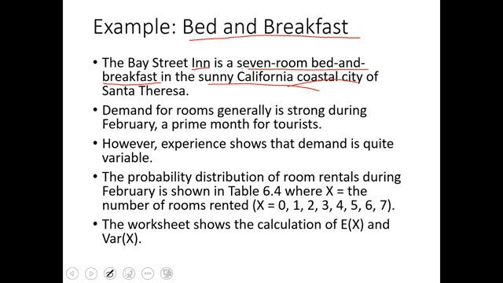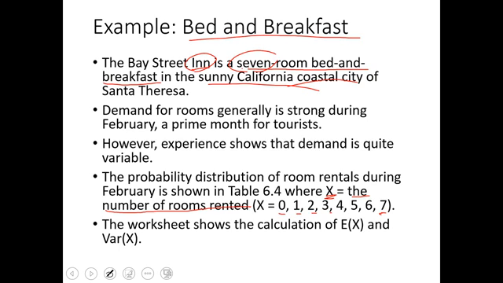The random variable x is the number of rooms rented, because this inn has 7 rooms. So the number of rented rooms can be 0, 1, 2, 3, and it is limited by 7.